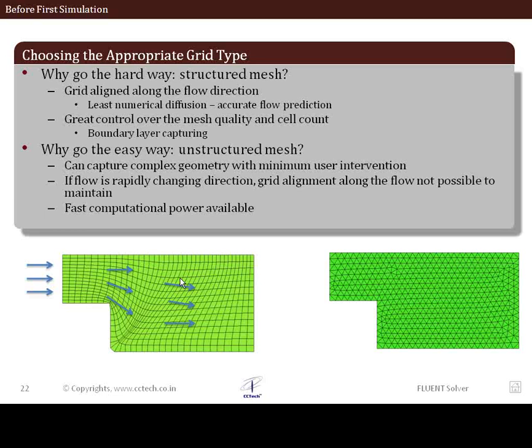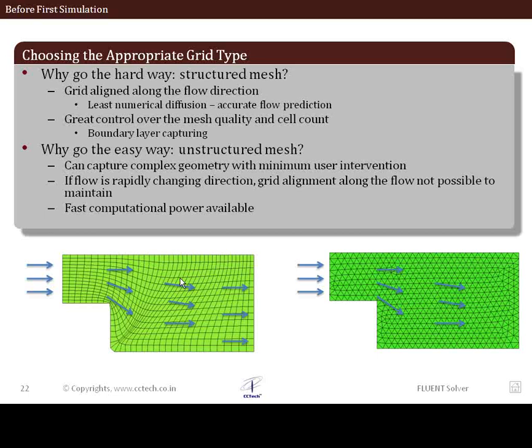If you're speaking about discretization errors, this is least in the case of such structured multi-block meshes, because the flow is often aligned along the grid direction. But there are other kinds of meshes, like the unstructured algorithm based mesh which has been generated here. The flow hardly enters normally, so this will lead to a lot of numerical diffusion or numerical errors in your problem.